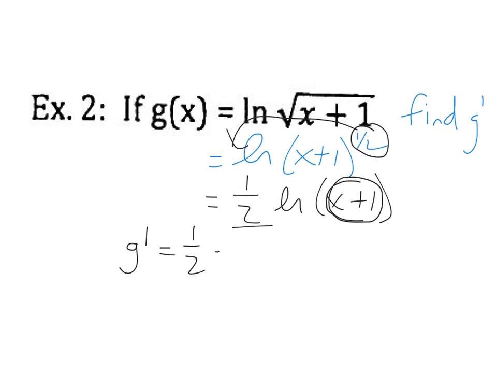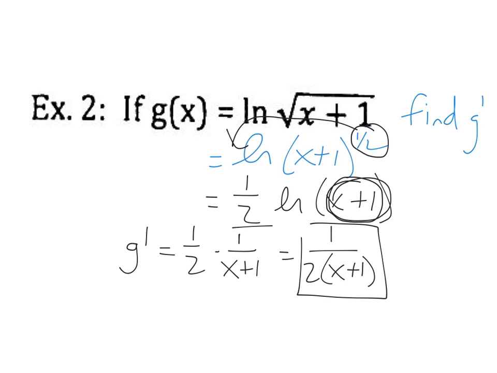The derivative of x plus 1 is 1, over the inside, which is x plus 1. So we get 1 in the numerator, 2 times (x plus 1) in the denominator. There's our derivative. So it's the derivative of the inside divided by the inside. That's our log rule.